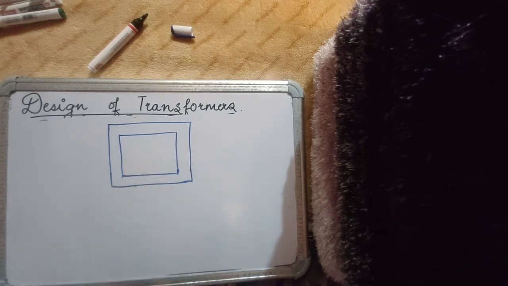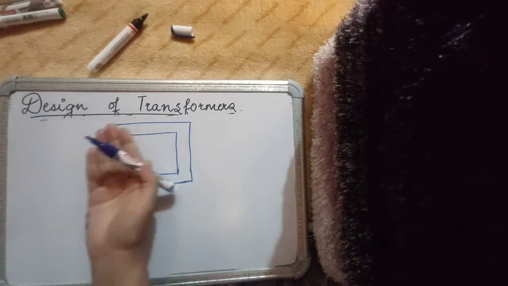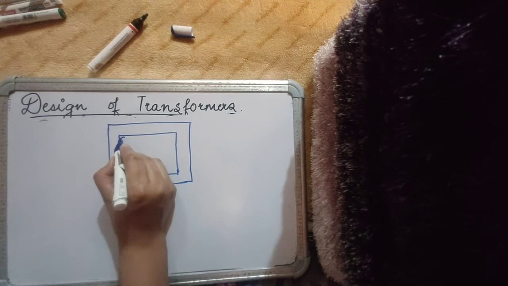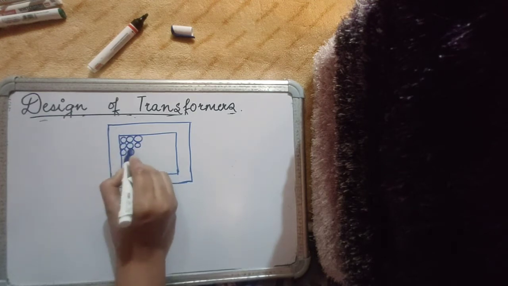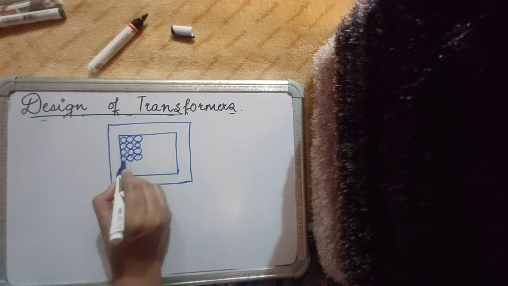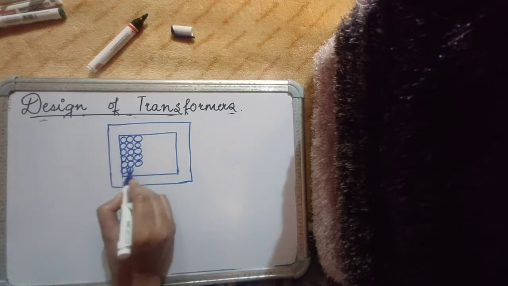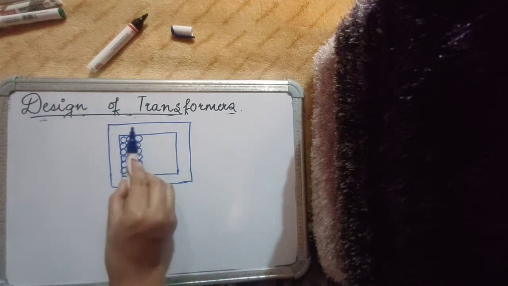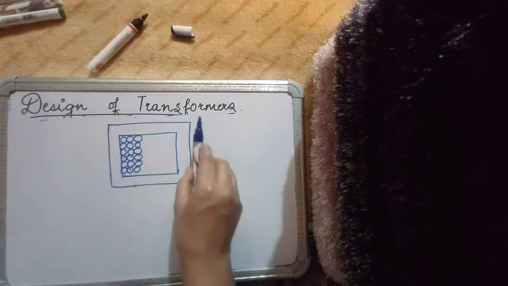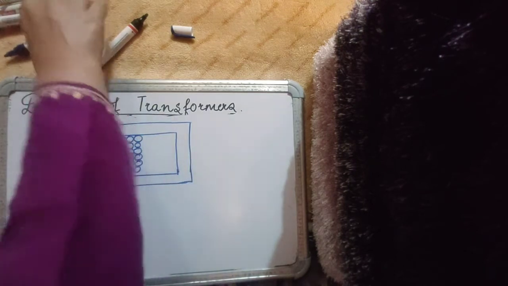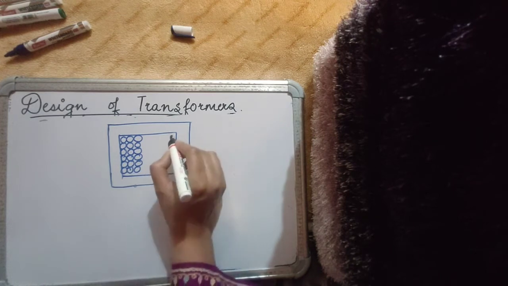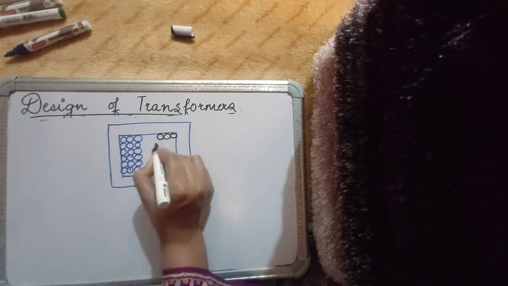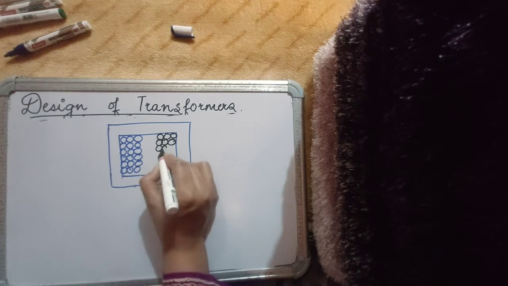So if this is my transformer core and this is my primary winding, if I cut through a cross section I see that the primary winding is occupying some space with some number of turns, and I may have wound the secondary on the same limb itself, or I may have wound it on the other limb. In any case, the secondary conductors will also occupy some space, with their own number of turns, right?